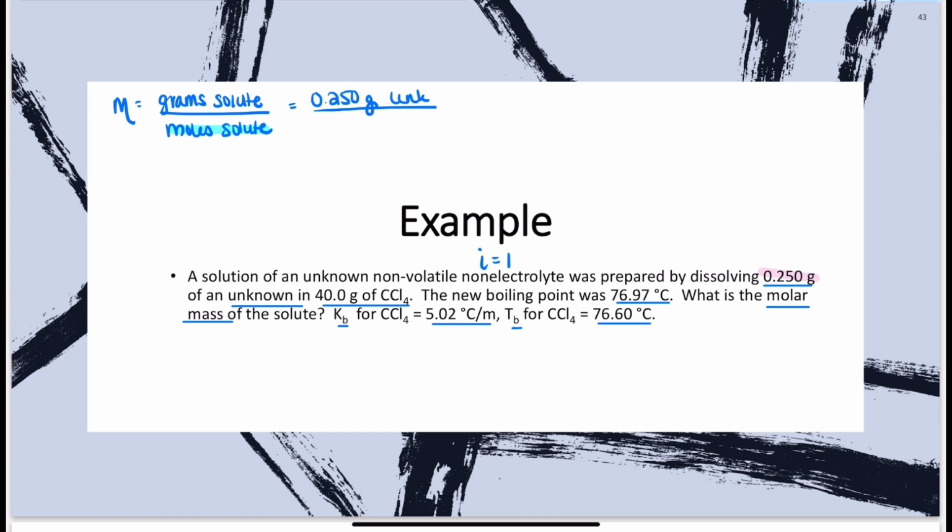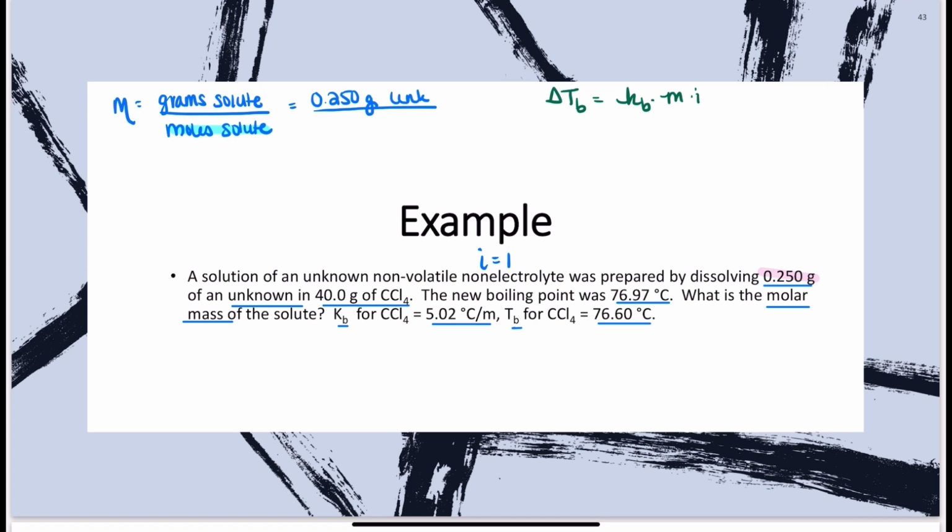So I also know I'm dealing with boiling point, and I have a boiling point elevation equation. Delta TB equals Kb times m times i. Delta TB is the difference in the boiling point. In this case, it is your solution boiling point minus the boiling point of your pure solvent.